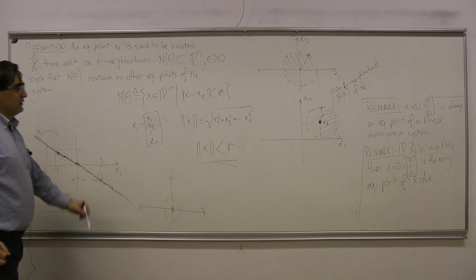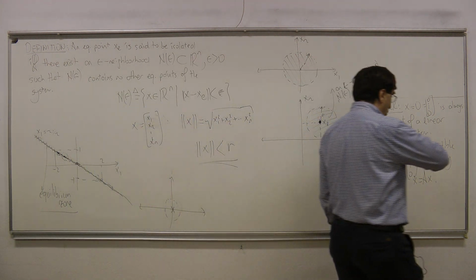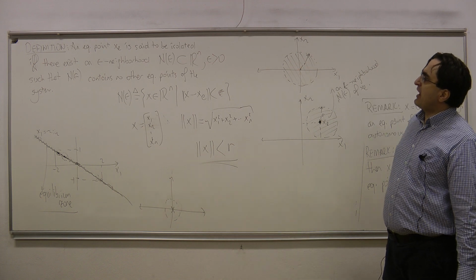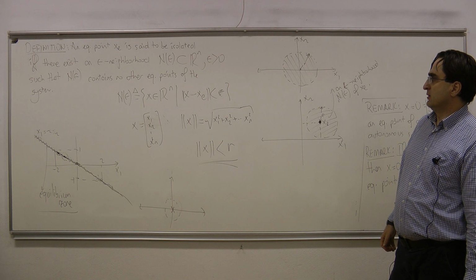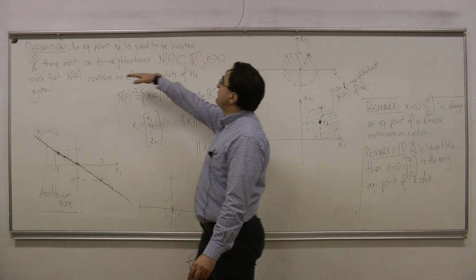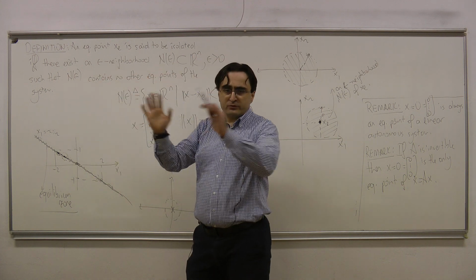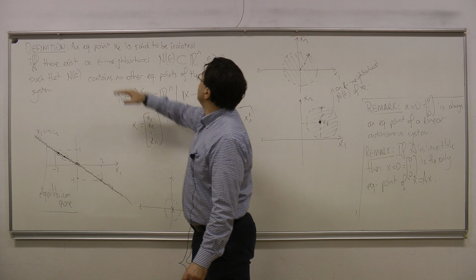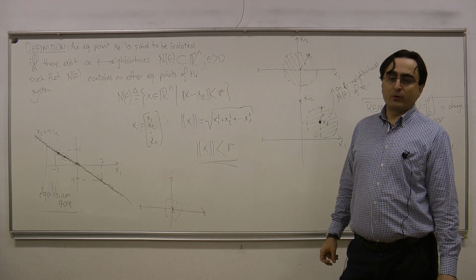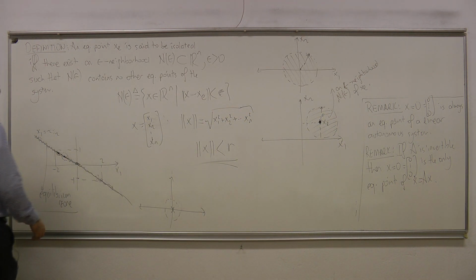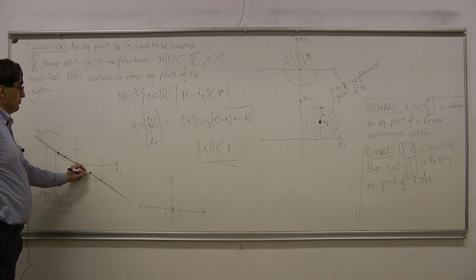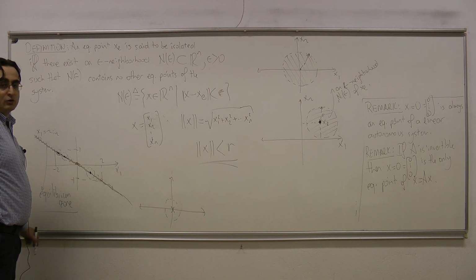So what does the definition tell us? We are going to call an equilibrium point xe of a system an isolated equilibrium point if and only if we can find an epsilon neighborhood around that equilibrium point containing no other equilibrium points of the same system. Okay? Let me check such an equilibrium point. There is an equilibrium point of this linear system here, and now I'm looking at the epsilon neighborhoods around this equilibrium point.